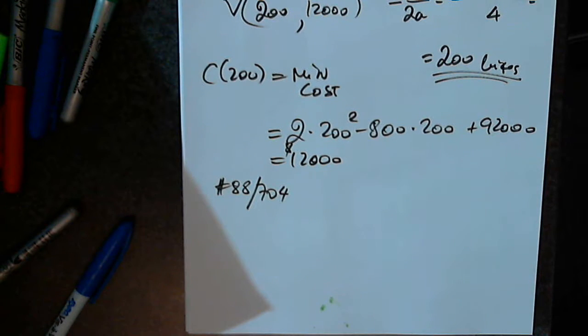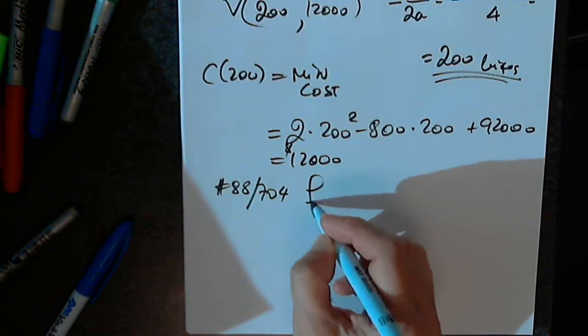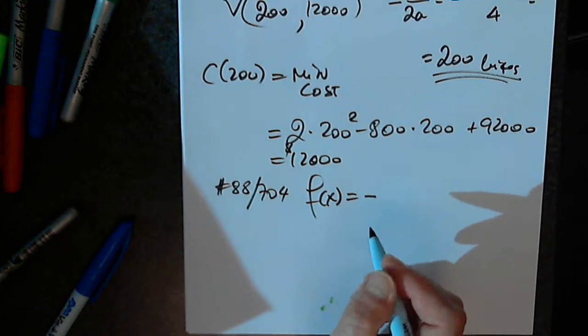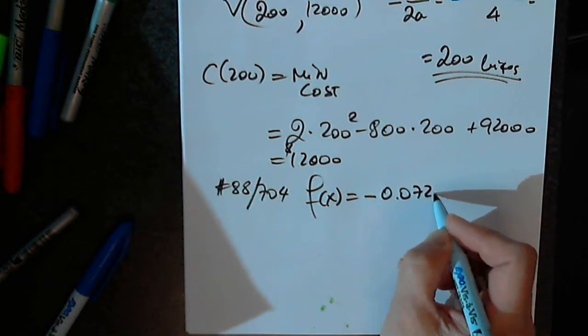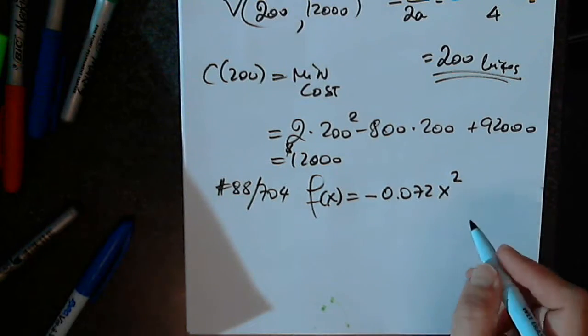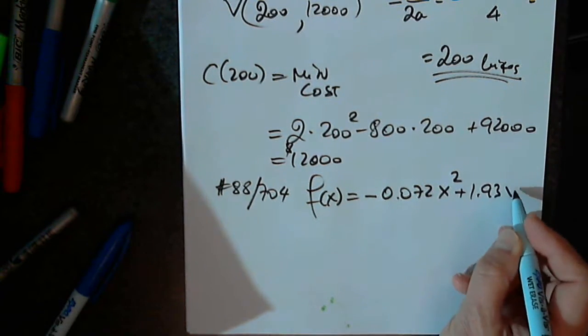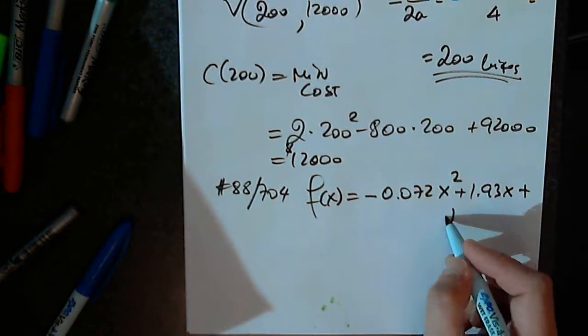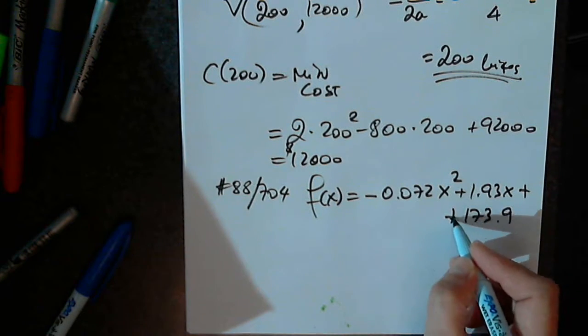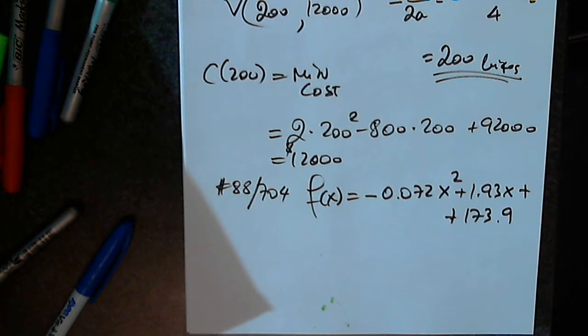Projected methane emissions in the United States can be modeled by the quadratic function f of x equals negative 0.072x squared plus 1.93x plus 173.9, where f of x is the amount of methane produced in million metric tons.